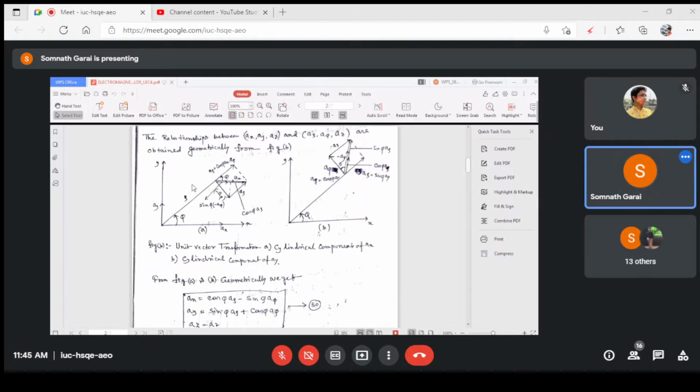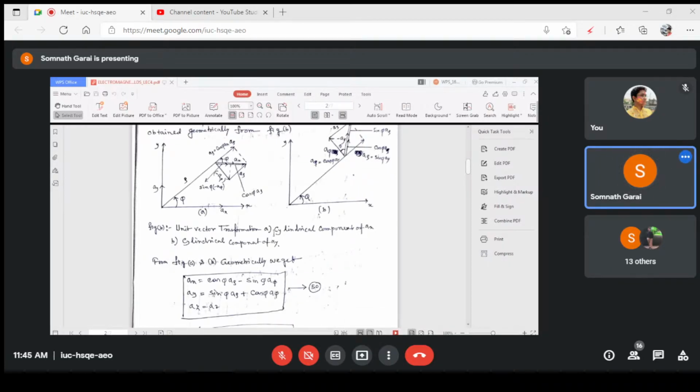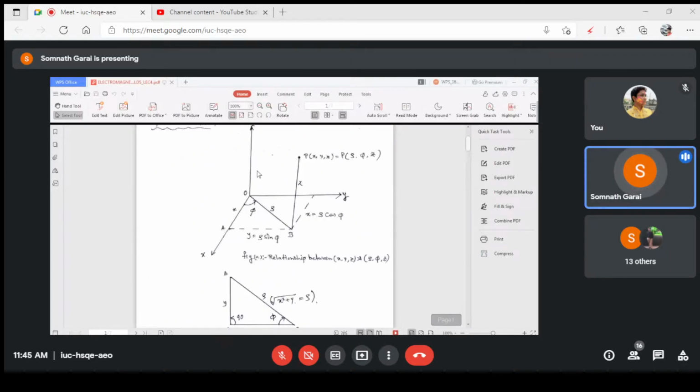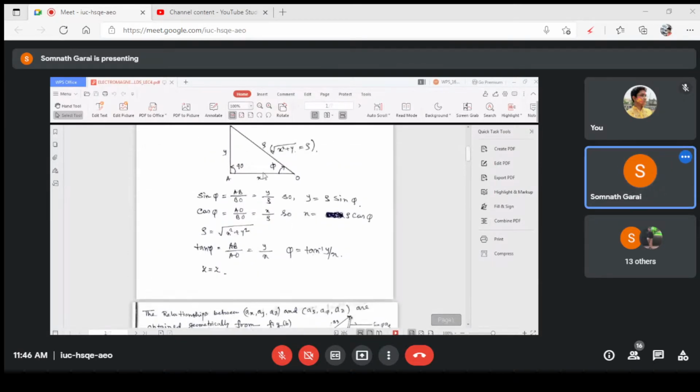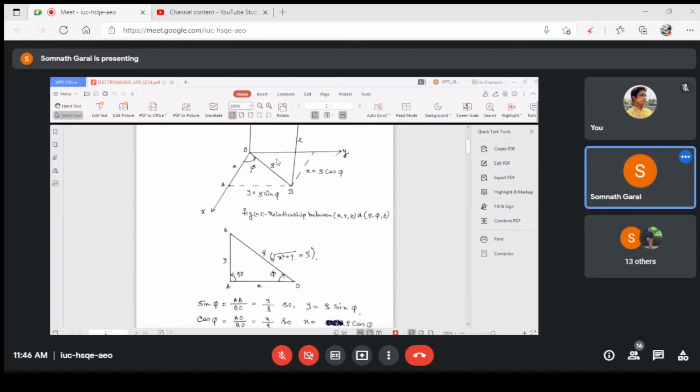Now we analyze these two figures first, then we calculate the components of the vector between them. First, take a close look at the first figure. This figure comes from this figure. This is the x-axis and this is the y-axis. Just imagine the xy plane.